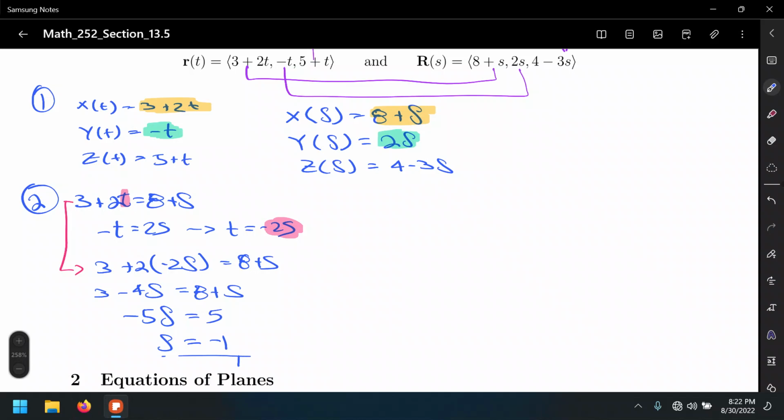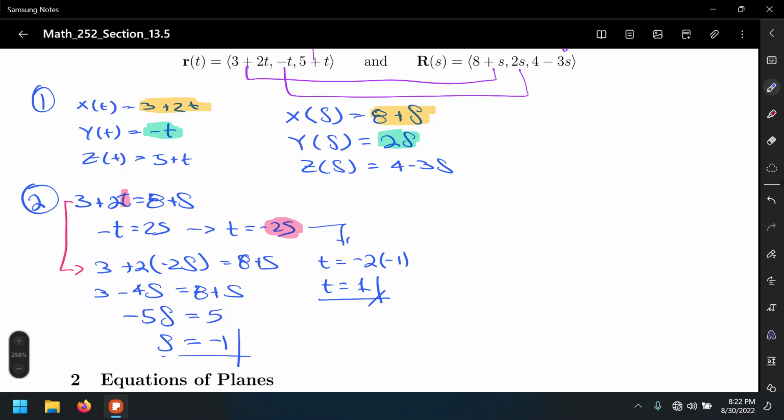So we already got the value for s. We may go back to the second simplified equation to find the value of t. t will be negative 2 times negative 1, which is t equals 2.